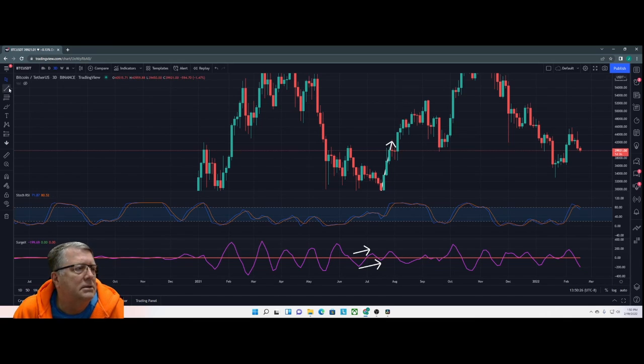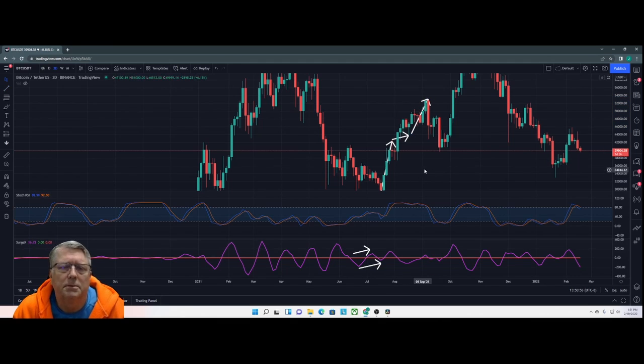So what it means is that the next wave was from here to here, and then the last wave was when the surge changed its direction and moved up to this level right here. So at this level right here was the top of the Elliott wave.